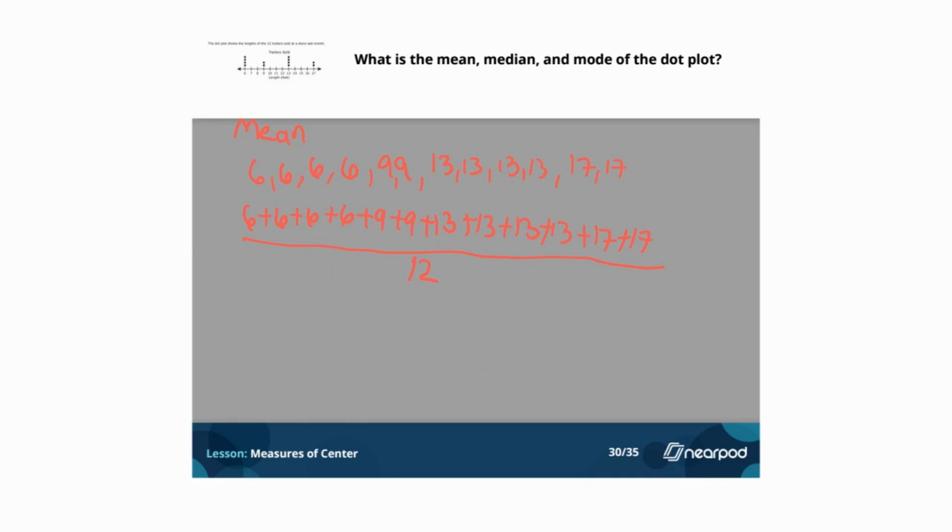Your median is your middle number. So I'm going to just use what I have set up already. Don't mind me. Whatever is in green is going to be my median. So I'm going to use the set of data up here. I'm going to cross out one from the left, one from the right, one from the left, one from the right, one from the left, one from the right, one from the left, one from the right, one from the left, one from the right.